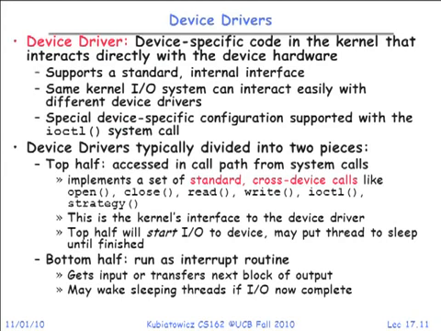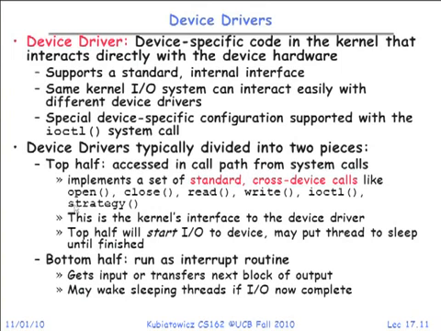Typically, device drivers are divided into two pieces, the top and the bottom half. The top half is the part that interacts with the kernel, and it implements a set of standard interfaces that look a lot like your system calls with a little more detail: open, close, read, write, ioctl, strategy. Some of these are not things that you give the user directly, but they're pretty much standard interfaces.